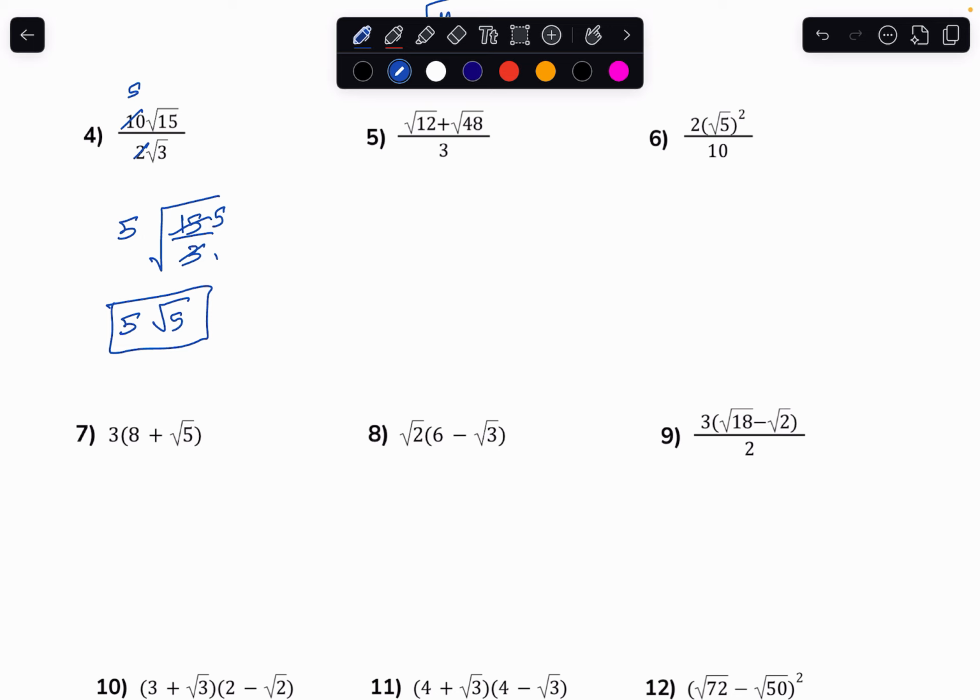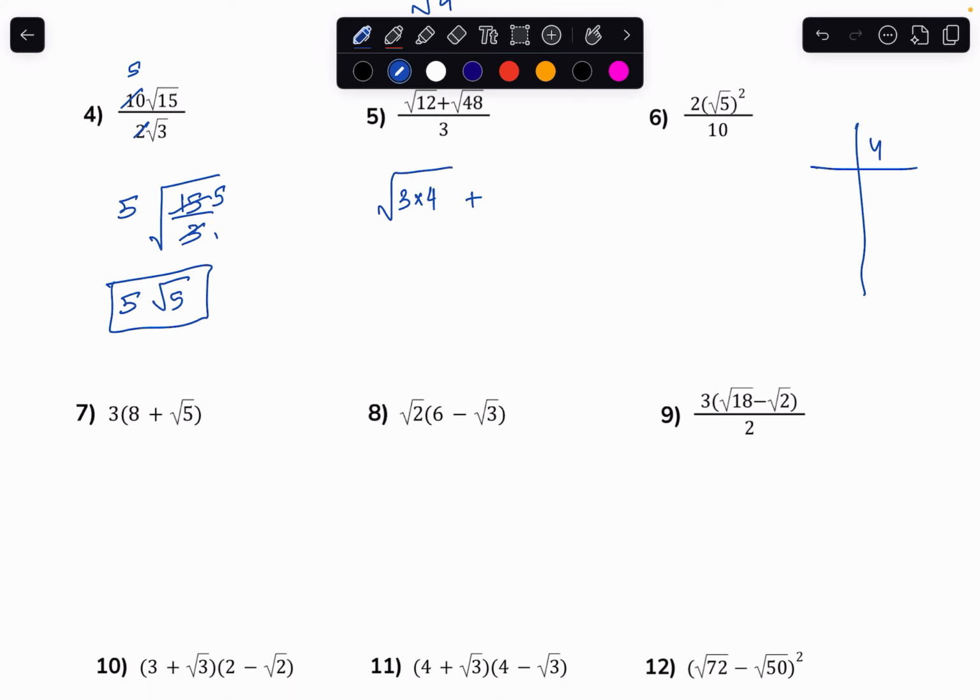12 plus 48. 3 times 4 is 12. Root 48. 48 can be written as 2 times 2, 2 times 2, 3, 3. How many pairs? 2 pairs of 2. That will come out, 2 and 2.